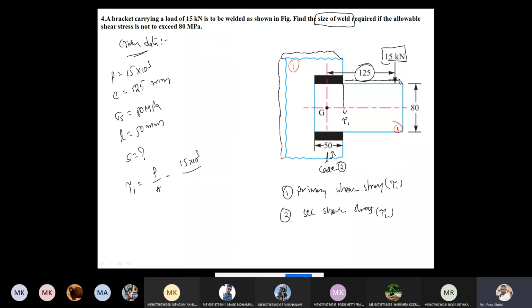For the failure area we need to consider the two parallel fillets, so two failure areas give 2 into T into L. T is the throat thickness, 0.707 into S, so it comes in terms of the size of the weld. Substitute 15 into 10 to the power of 3 by 2 into 0.707 S into length of the weld, given in the question as 50 mm. This is the primary shear stress. Now tell me how much the primary shear stress is. 212.16.